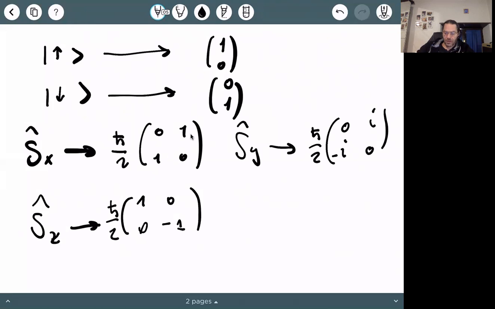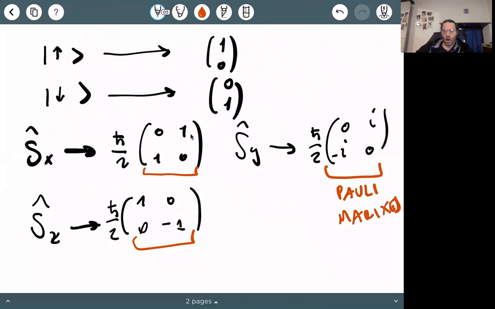And these matrices here, which are proportional to the spin operator representation, are the so-called Pauli matrices. There are obviously three Pauli matrices. They're usually denoted as tau x, tau y, tau z, proportional to the spin operator in the mathematical representation of spin.